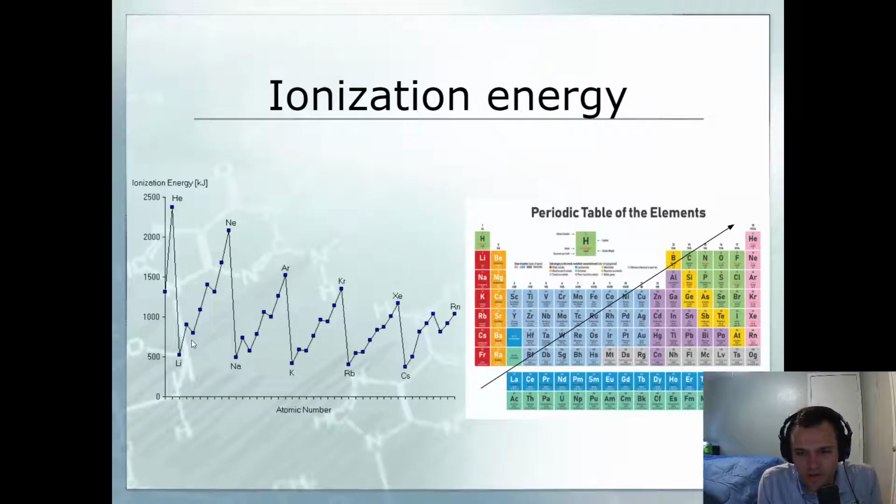You can see that in the graph here. As we go up, it generally gets higher and higher, the noble gas is the highest in each row, and then it falls back down real quick to sodium, the next alkali metal, where they have very low ionization energies and are very willing to give up their electrons.